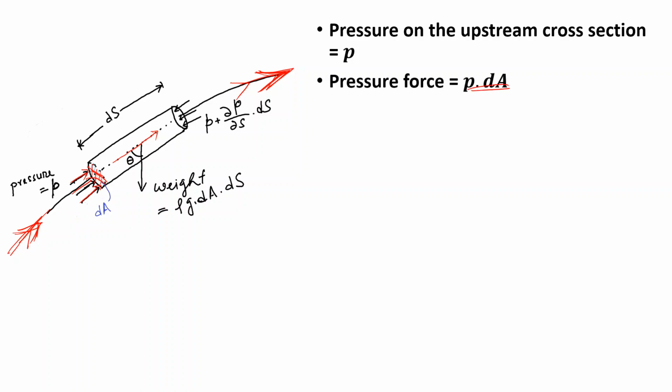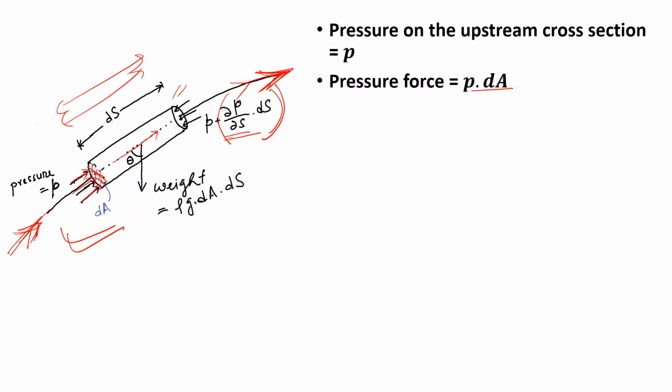Now, as we have moved to this location, the pressure may have changed. How much it will change depends on the rate of change of pressure along this S direction, that is del P by del S. Since the length is ds, the pressure at this cross section will be the original pressure plus this little bit of something.